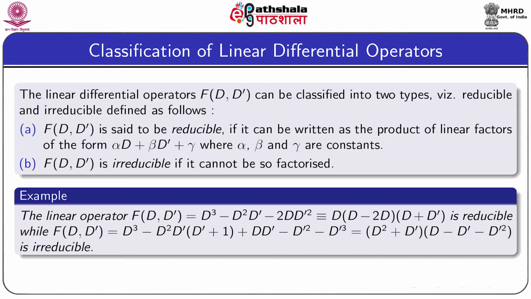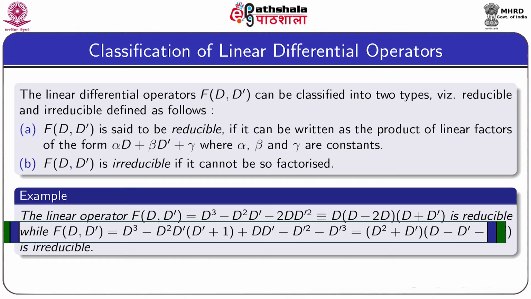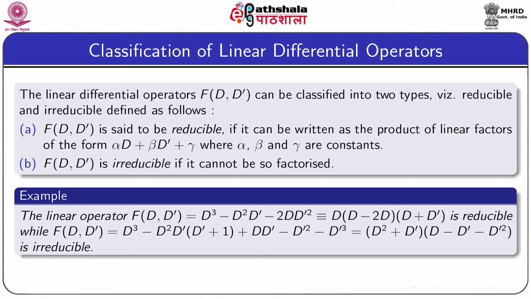But if we take another F, where capital F equals D cube minus D square D' plus D square D'... into D' plus 1 plus D' minus D' square minus D' cube, and we factorize this F, we get two factors, D square plus D' and D minus D' minus D' square. If we observe, these two factors are not further reducible to linear factors. So, this F is called irreducible.